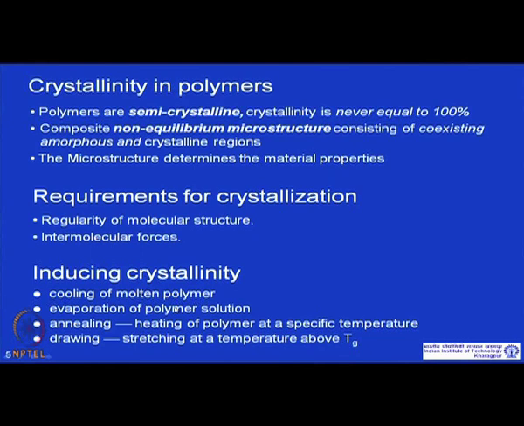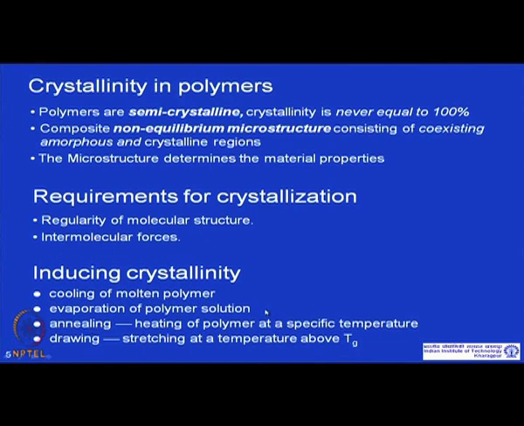How do you induce crystallinity in a polymer material? Remember, we discussed last class that generally we can introduce it by cooling a molten polymer or annealing a semi crystalline or amorphous polymer at a specific temperature. Annealing is just keeping an amorphous or semi crystalline polymer at a particular temperature for a long time.